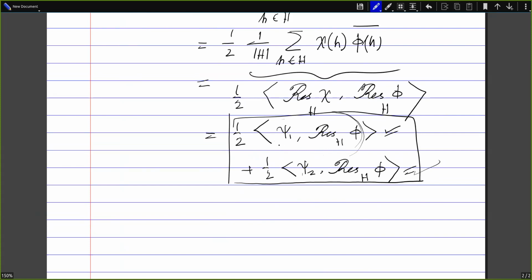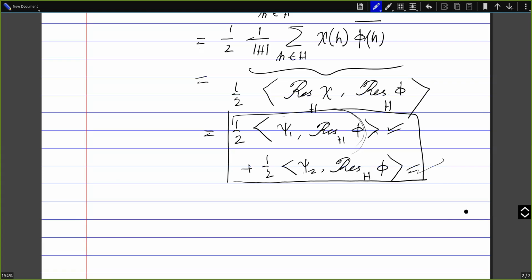So if this is non-zero, that means the irreducible representation corresponding to chi I belongs to the restriction of the representation corresponding to phi.